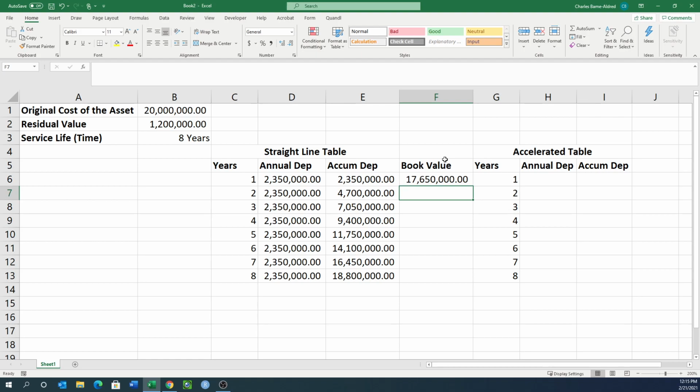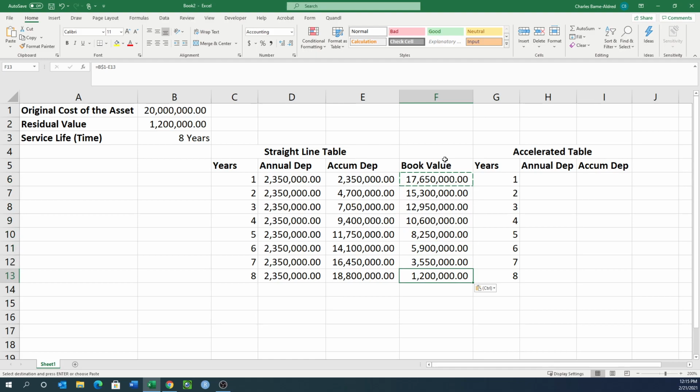That's my book value. And I can just copy that down. And you can see that my book value is going down slowly but surely.